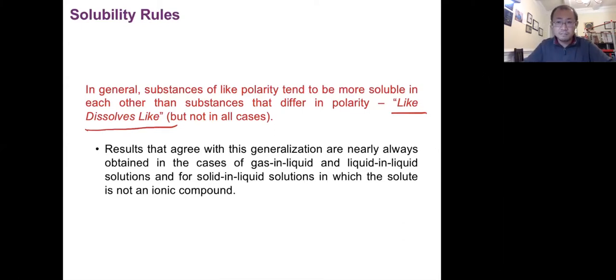Like dissolves like means if the polarity of 2 substances are similar, they tend to dissolve with each other. More similar, dissolve more. If the polarity of 2 substances are different, one polar, one nonpolar, then the solubility will be low or they never dissolve at all. That is what like dissolves like means.